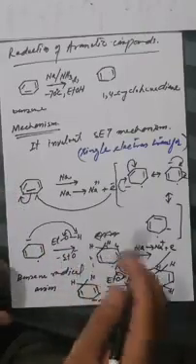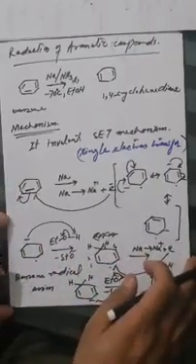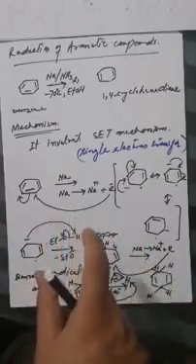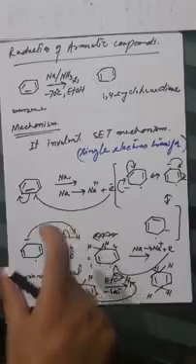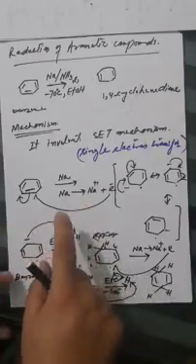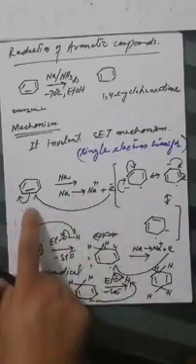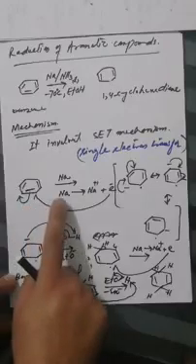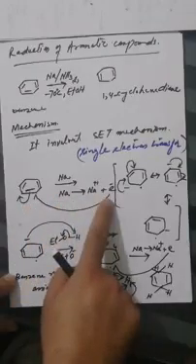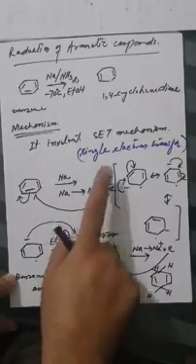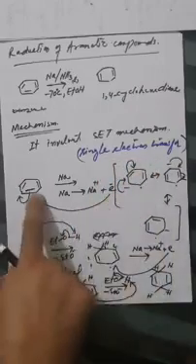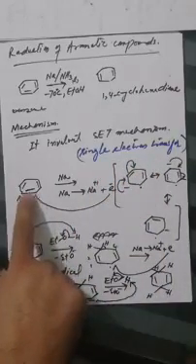I explain again for your better understanding, and this mechanism is very important to answer many questions later. We will see that the sodium emits an electron. This electron, single electron transfer occurs at this carbon.